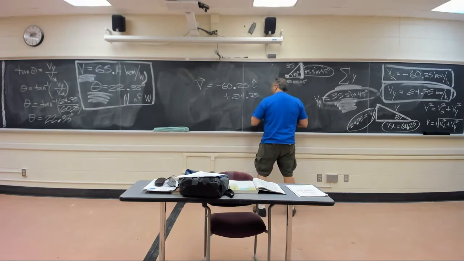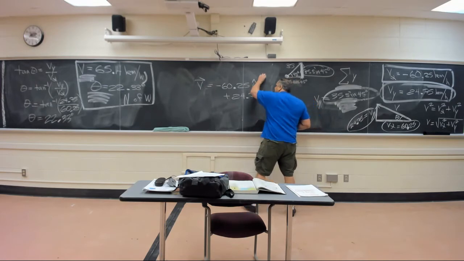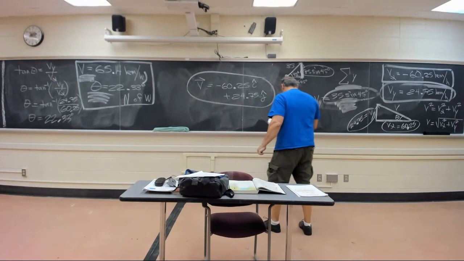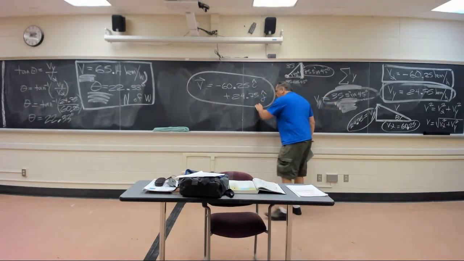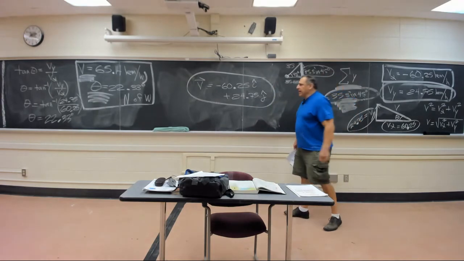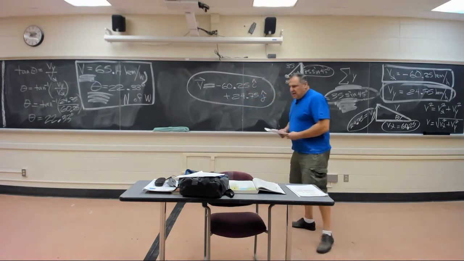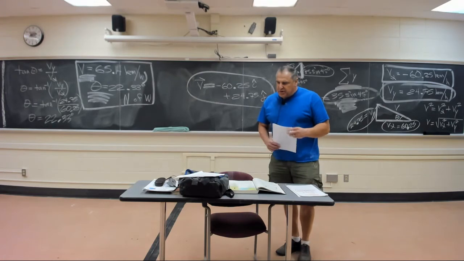Positive 24.75 means go up. That works too. You put kilometers per hour, kilometers per hour. Make sure that's there when you do that. And that's some of the discussion pertaining to that. It's a neat problem, kind of a microcosm of a lot of things that you could see.